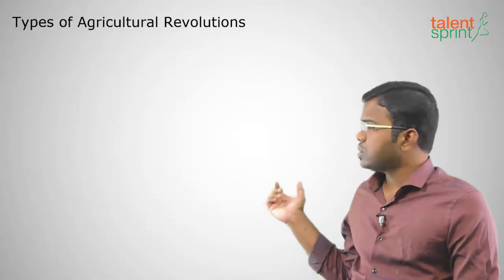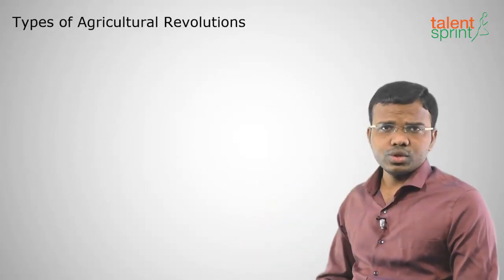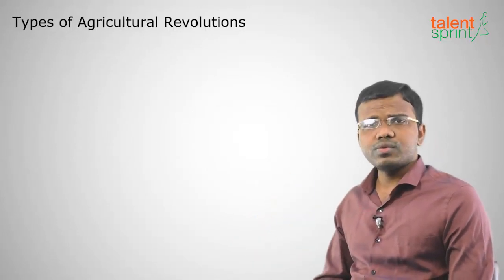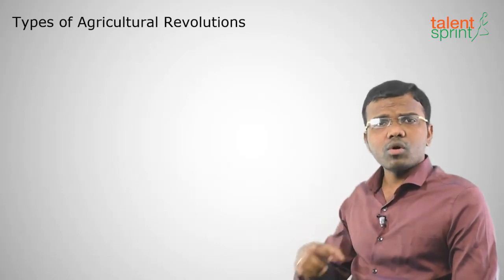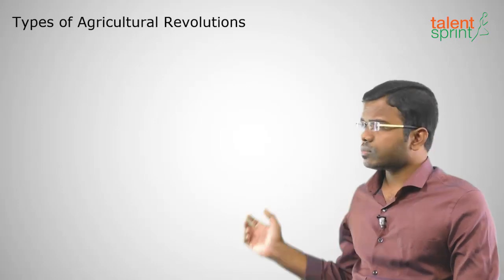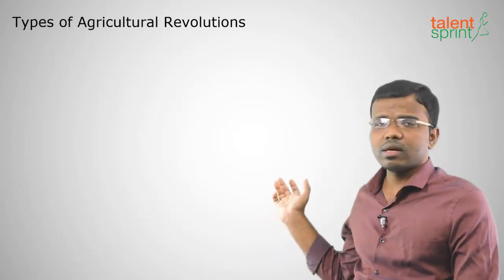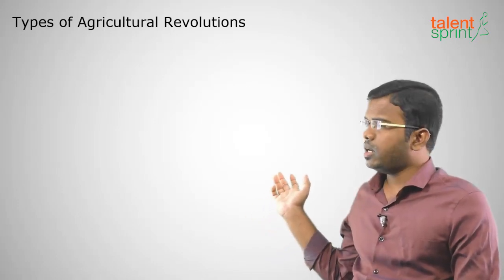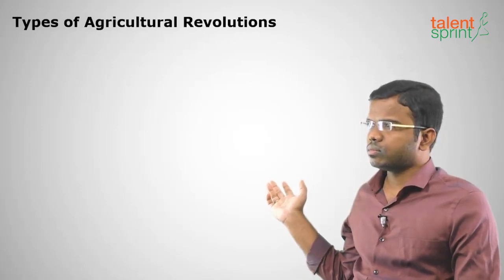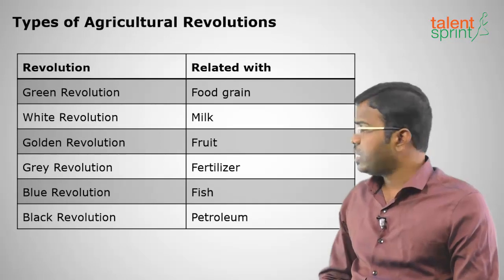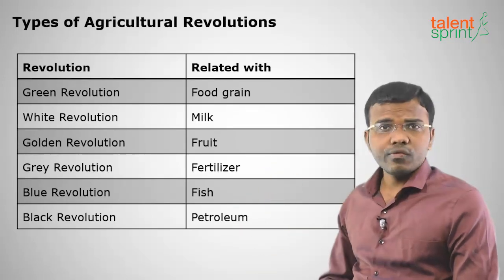And moving on to the types of agricultural revolutions. What are the revolutions which were practiced and which are present in agriculture, which are important to our examination? The first type of agricultural revolution is the most famous Green Revolution. Green Revolution means the cultivation of food grains.